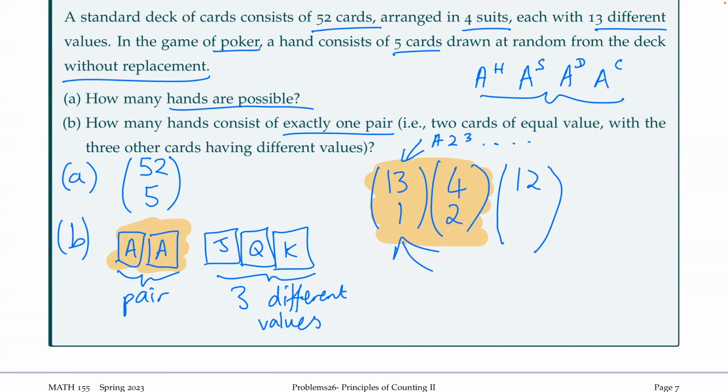So if I've got ace of hearts and ace of spades, the next thing can't be an ace because it will match that. We want these 3 cards, I'll code it differently, these 3 cards in pink, all to have different values to each other and to the initial pair. So we distinguish from the initial pair with the 12. And we're choosing 3 different values. There's going to be 12 choose 3.